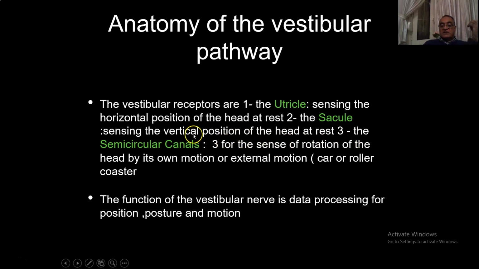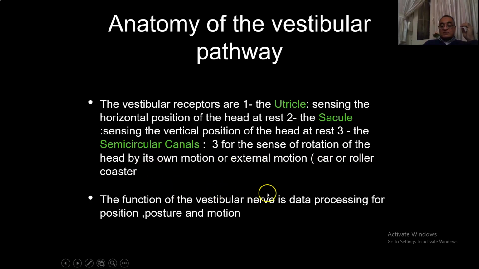The semicircular canals are responsible for rotation, for the motion. So they are active in motion, and that's why the semicircular canals are present in three planes, in the sagittal, in the axial, in the coronal plane, because they give the sense of rotation of the head, whether by rotation of the head by the muscles of the neck, or by external rotation, like when you are in a car or a roller coaster, for instance.